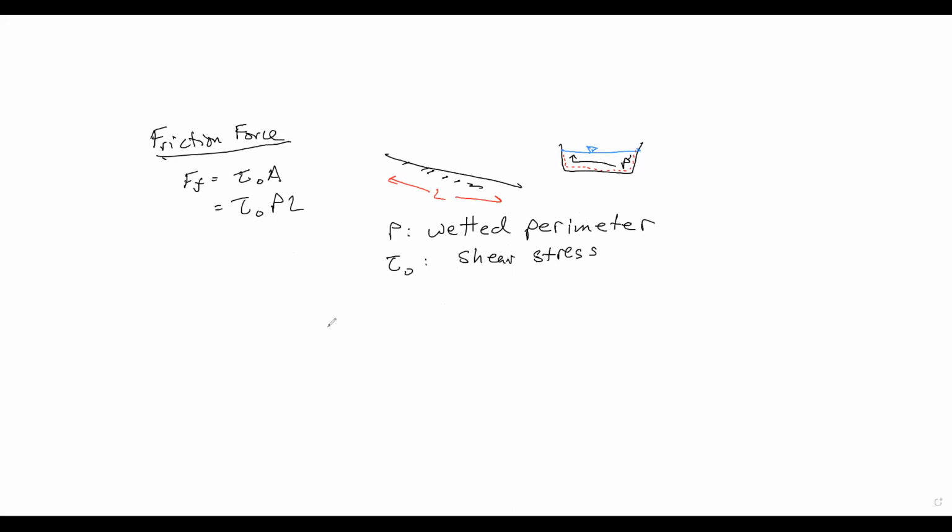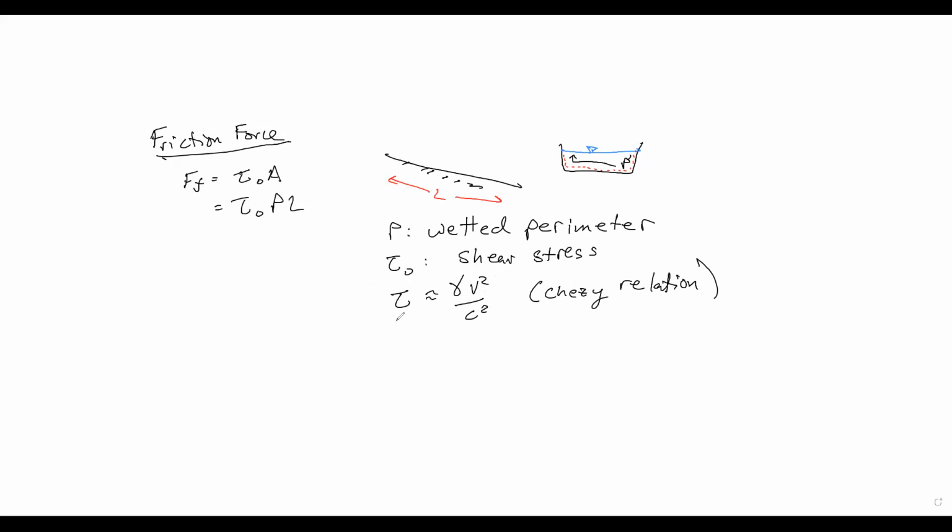Okay, and then we're going to make a little bit of a jump here. We'll say that shear stress can be approximated by this term, and this is just some engineering hydraulics that happens. Gamma V squared over C squared, and this is called the Chezy relation or Chezy equation.